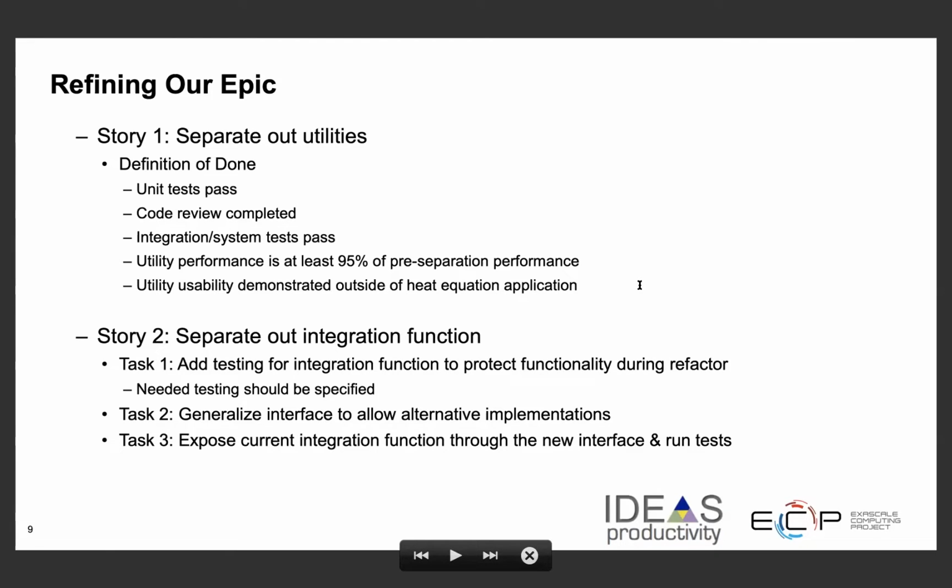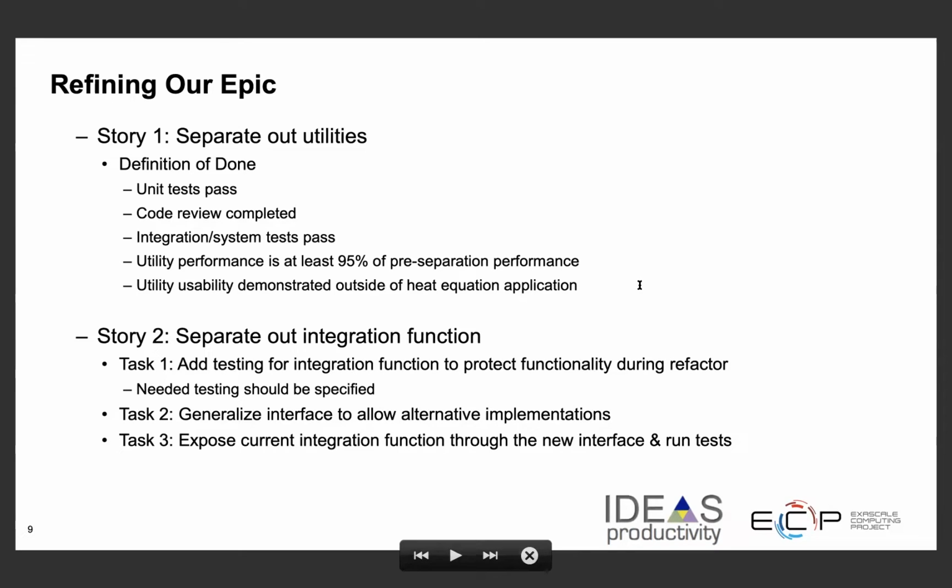So here, I have listed my interpretation of what would be considered done for this story. And you should work with your team to figure out what list of things should be considered for making the story done. So you have to ensure that the stakeholder is happy with your definition of done.